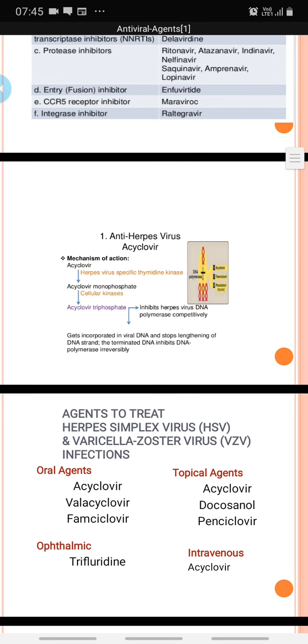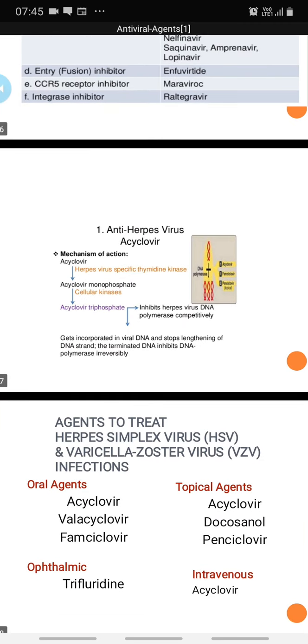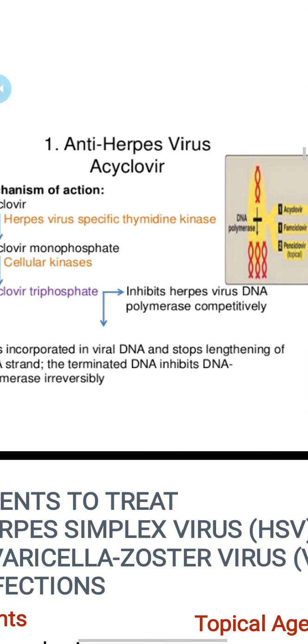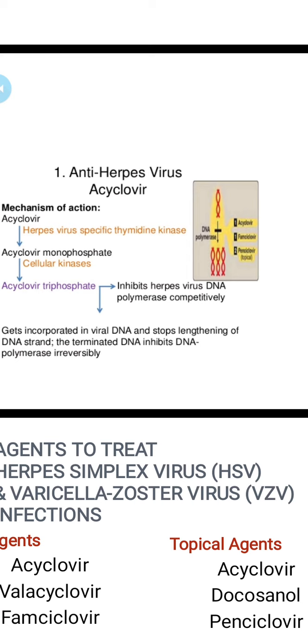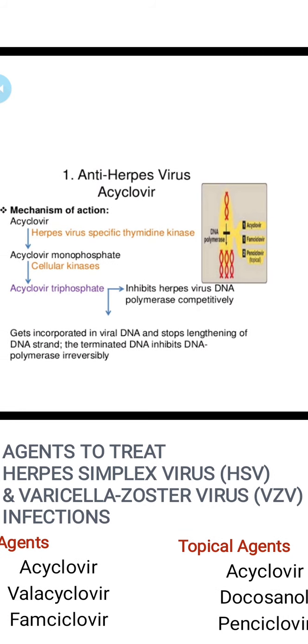Next we have to discuss in brief the different antiviral agents. First, acyclovir. So look here, acyclovir is herpes specific. After entry into the host cell, it is activated first by herpes virus specific thymidine kinase into acyclovir monophosphate, and subsequent steps are done by the host cell kinases.